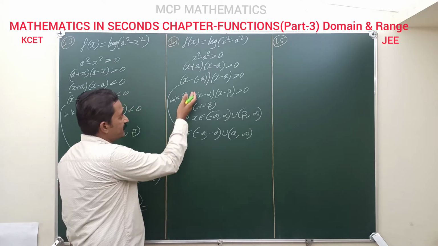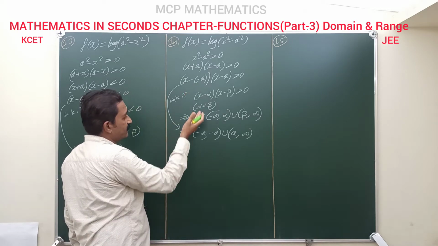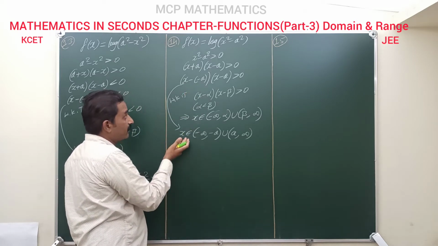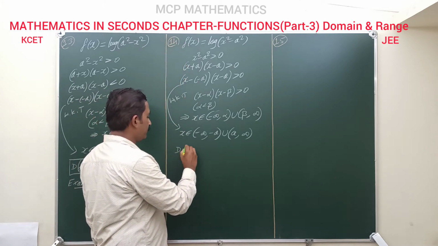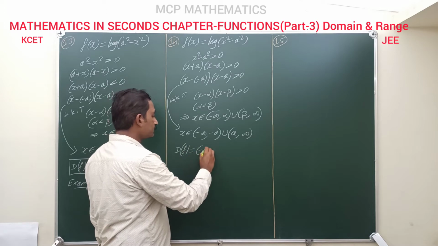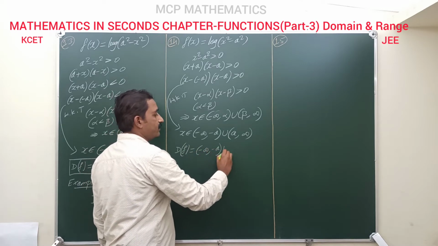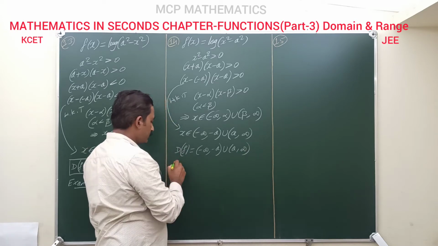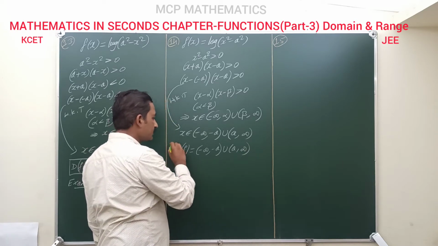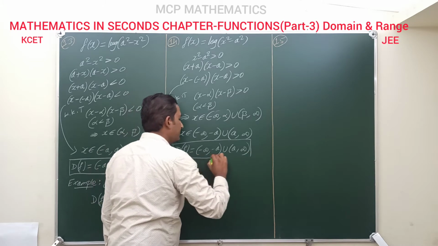So this is the solution of the inequation, but what do the x values mean? In this case, the domain of this function. So directly we can write the domain of f is equal to minus infinity to minus a union plus a to plus infinity. This is an important standard result.